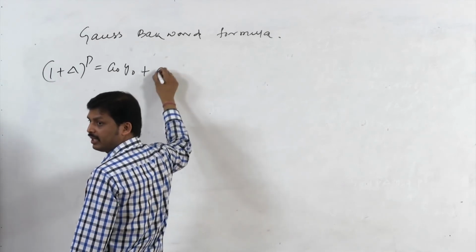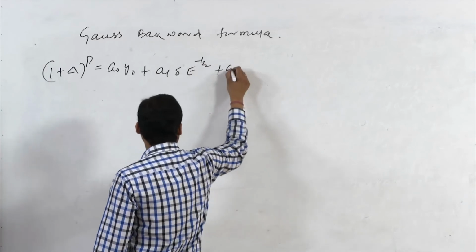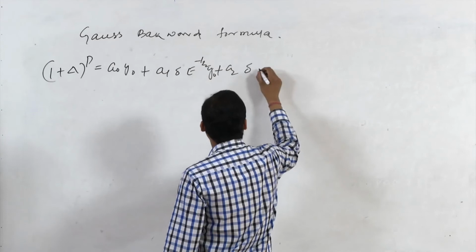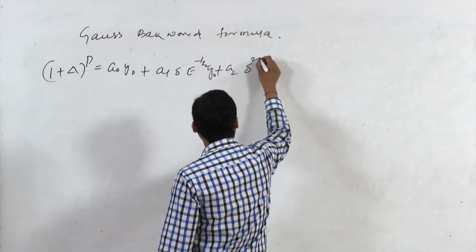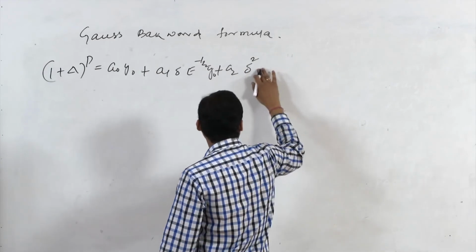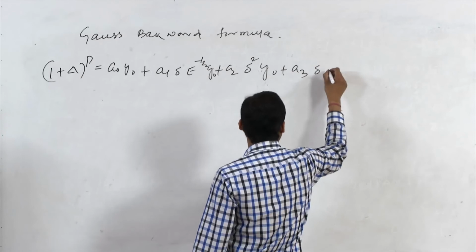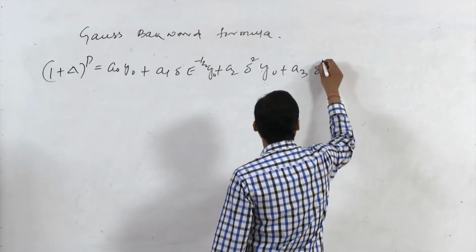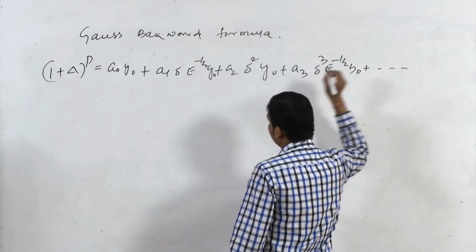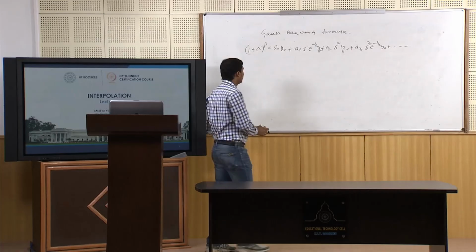plus a1 delta e to the power minus half, a2 delta square of y0, plus a3 delta cube of e to the power minus half of y0, and likewise.